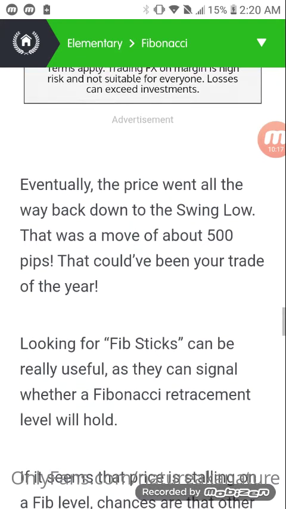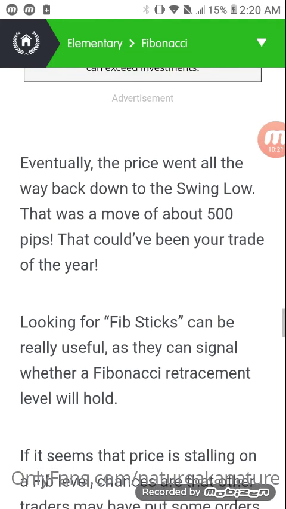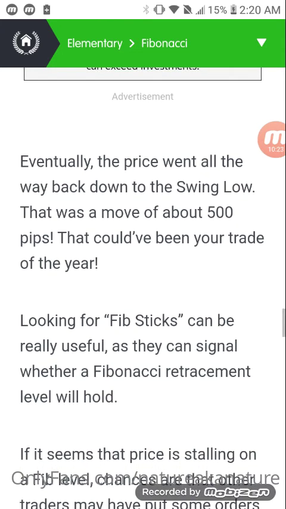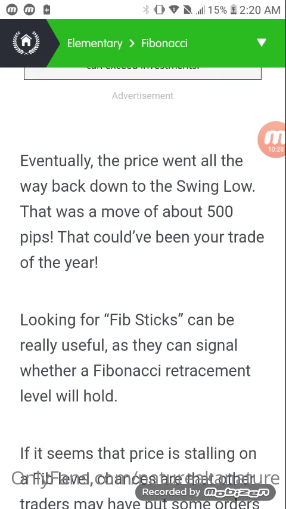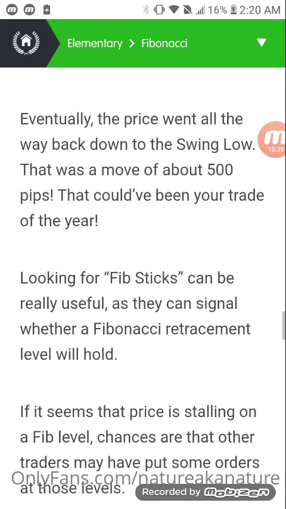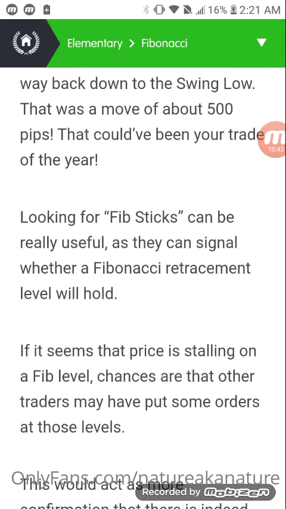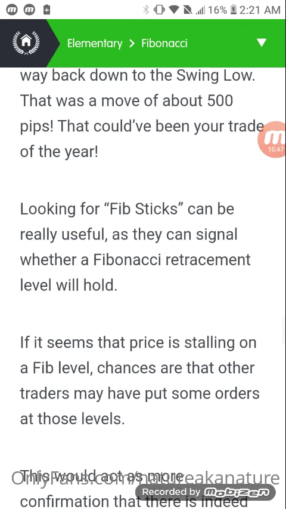So look for Fibonacci candlesticks on Fibonacci retracement levels. If you see exhausted candlesticks forming on the 61.8 or 50 Fibonacci retracement levels, this can be very useful, as they can signal whether a Fibonacci retracement level will hold. If it seems that the price is selling on that Fibonacci level, chances are that other traders may have put some orders at those levels too.